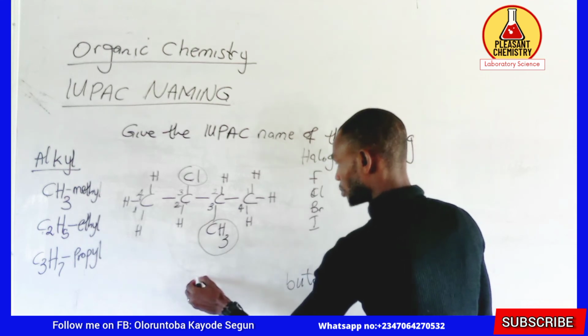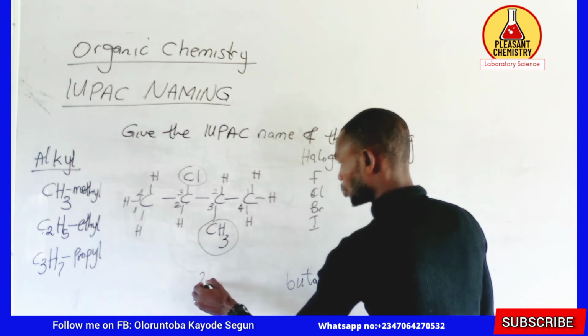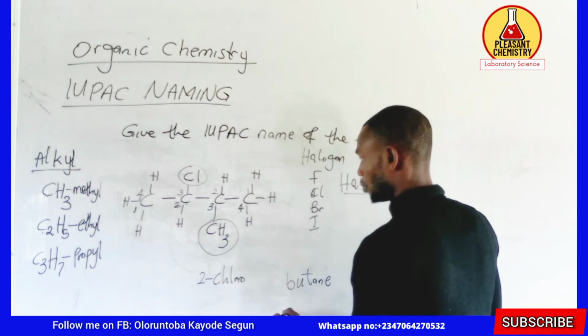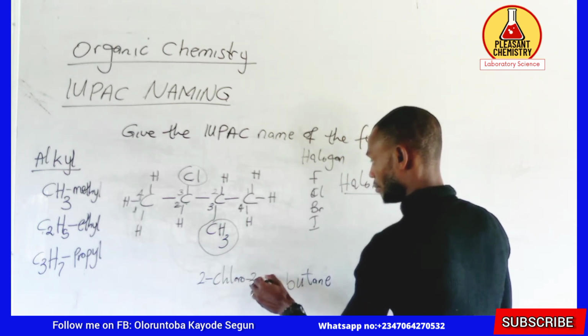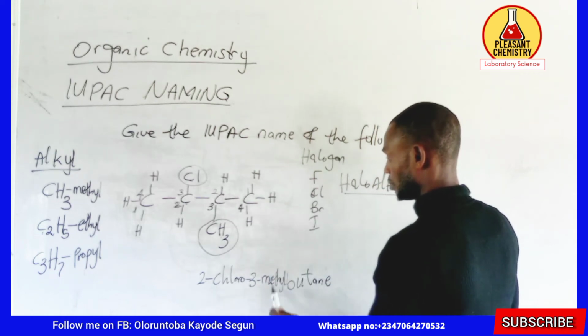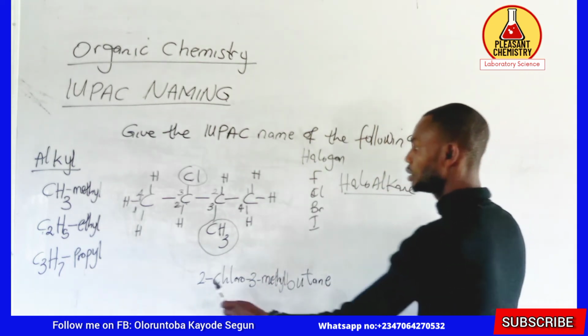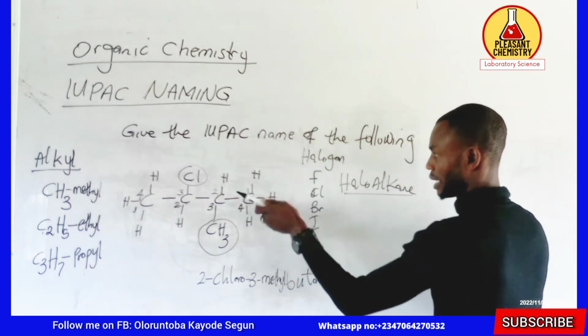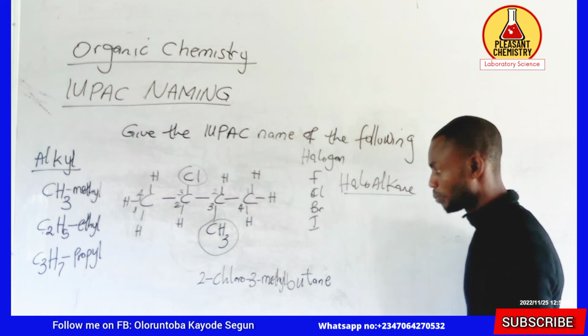So we are having 2-chloro-3-methyl-butane. Now that's the name of this compound.